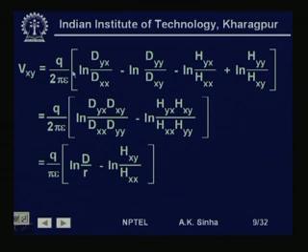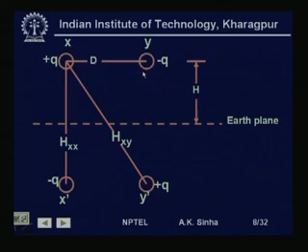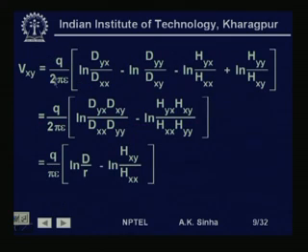In a similar way, considering the charge on conductor y, we have minus q by twice pi epsilon log n d y y, the distance of conductor y to itself, divided by d x y, the distance of conductor x from y.